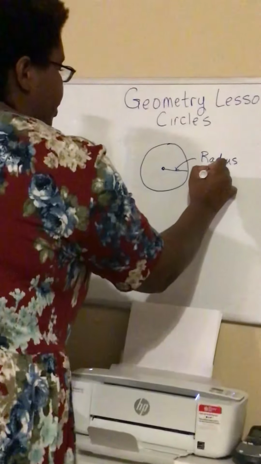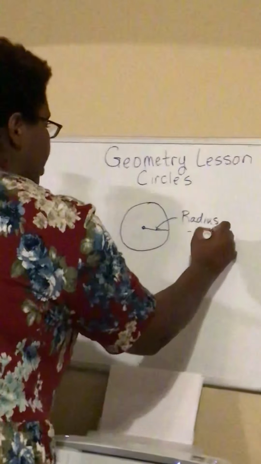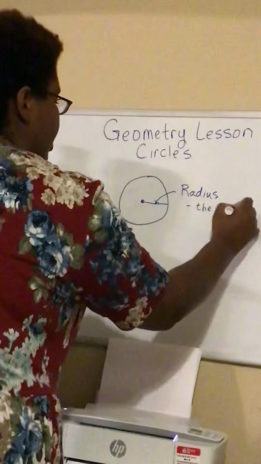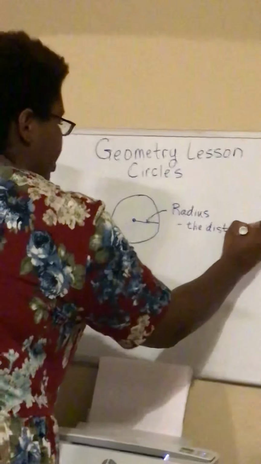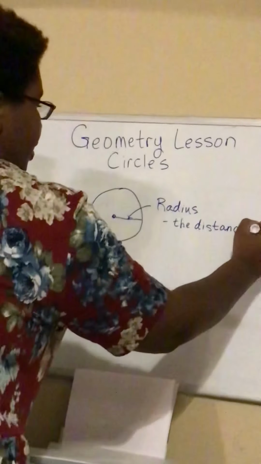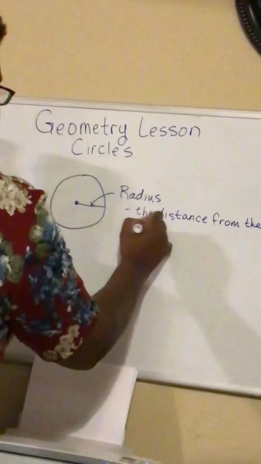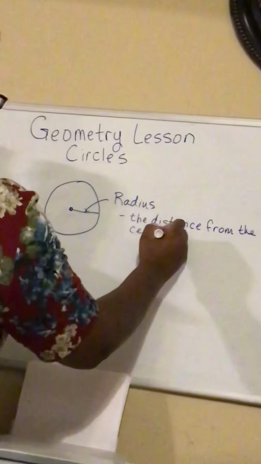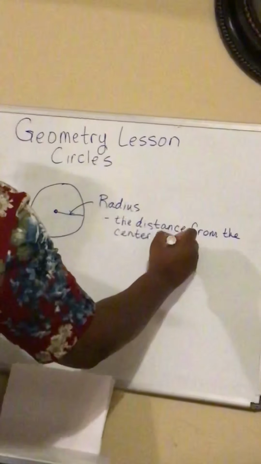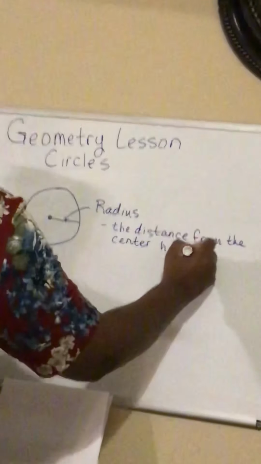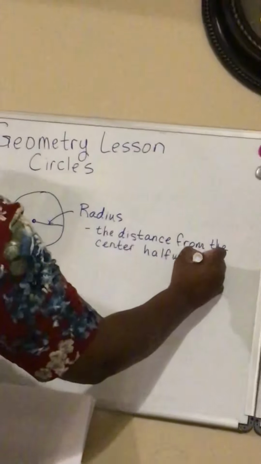So the distance from the center halfway across the circle is the radius.